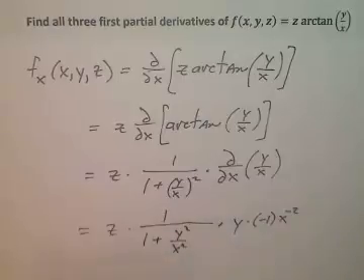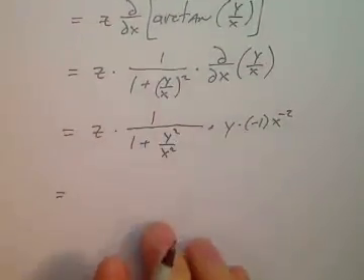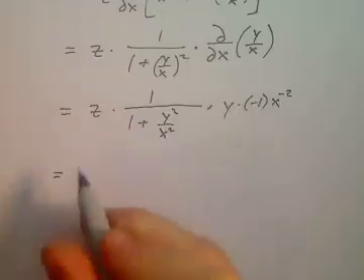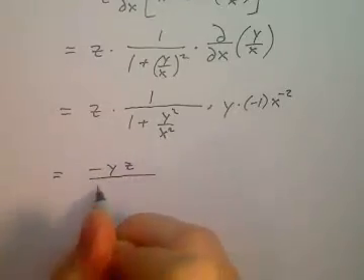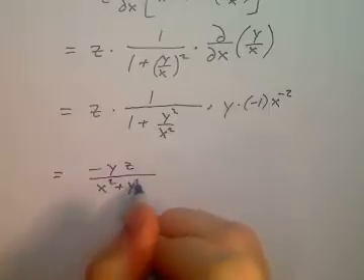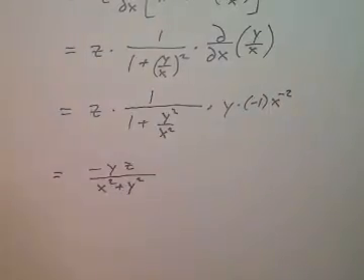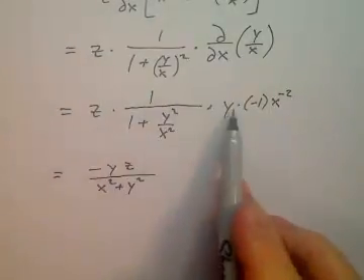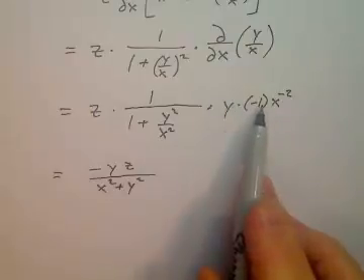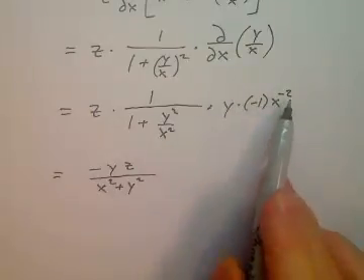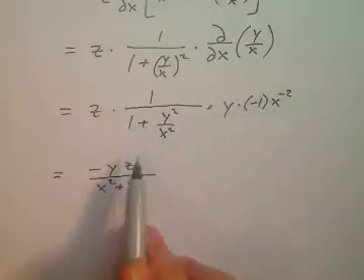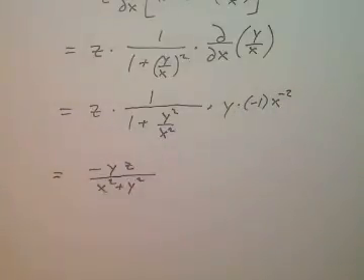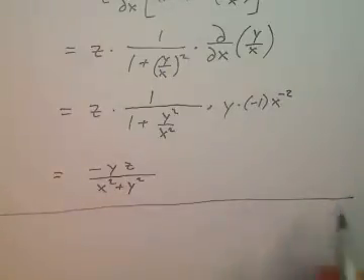And then I can do a little bit of simplification here and write this as negative yz over x squared plus y squared, right? Because I have the z times 1 times y times negative 1 in the numerator. X to the minus 2 is 1 over x squared, times this fraction, which just gives me x squared plus y squared. So that's the partial with respect to x.